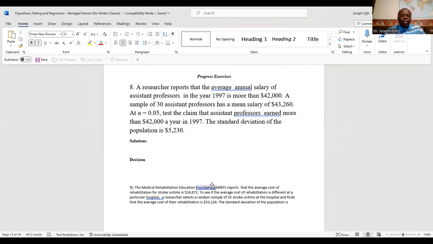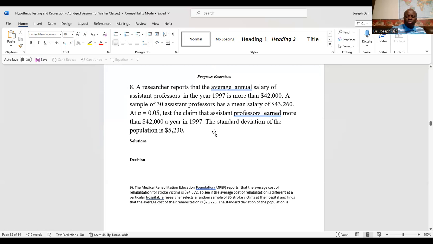A sample of 30 assistant professors have an annual salary of $43,000. And at alpha equals 0.05, test the claim that the assistant professors earned more than $42,000 a year in 1997. This is just what they're testing.